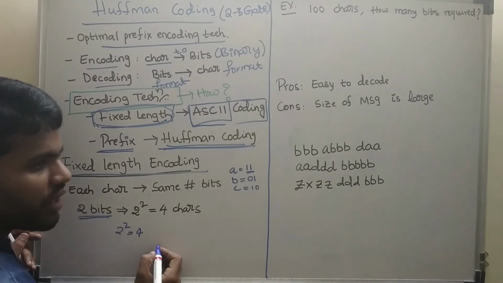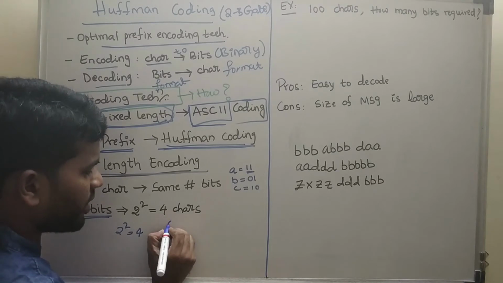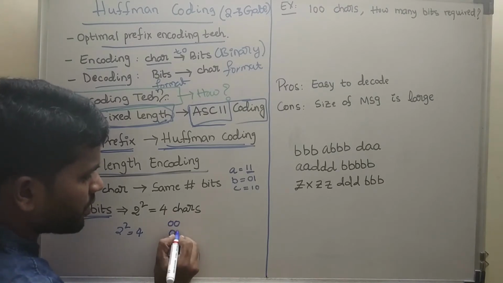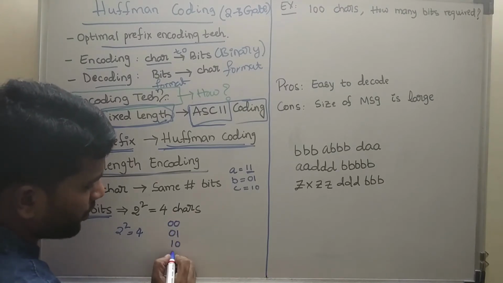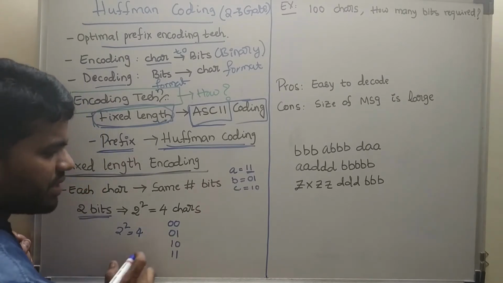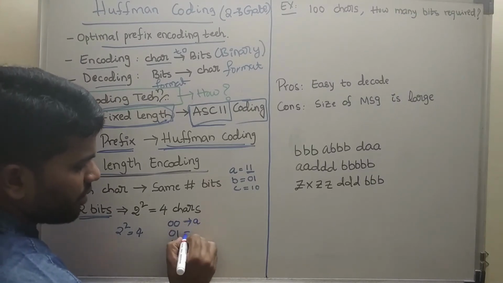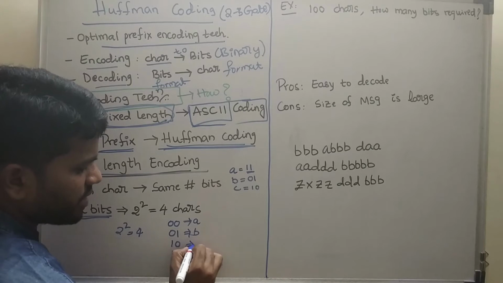You can define 0 0, 0 1, 1 0, 1 1. Only 4 combinations are available with 2 bits. You can represent A, B, C, D.